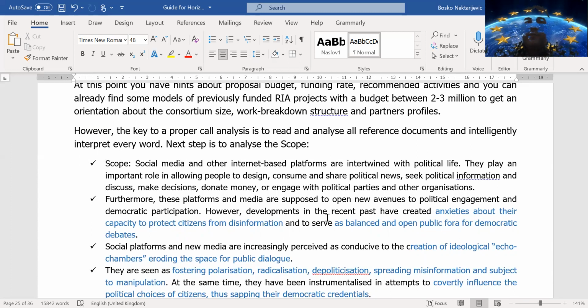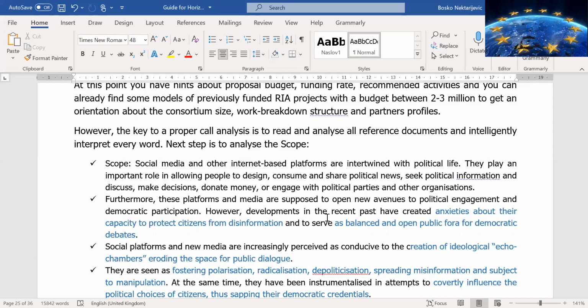Now, the scope states the following, and I've marked in blue those words which should be very important for you. Social media and other internet-based platforms are intertwined with political life. They play an important role in allowing people to discuss, consume, and share political news, seek political information, make decisions, donate money, or engage with political parties and other organizations.